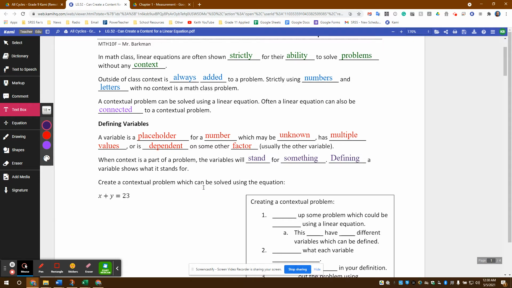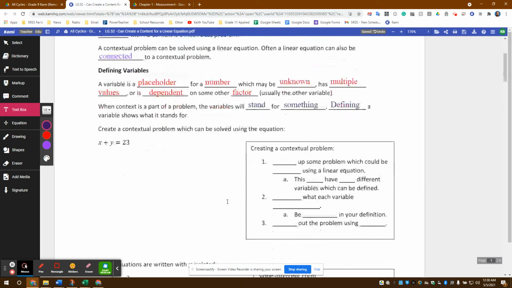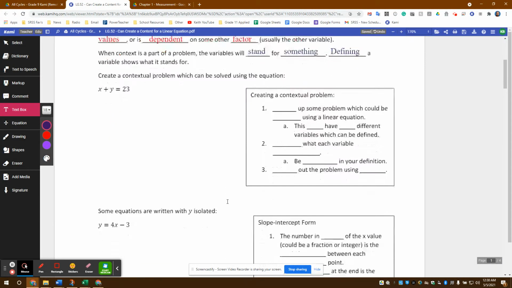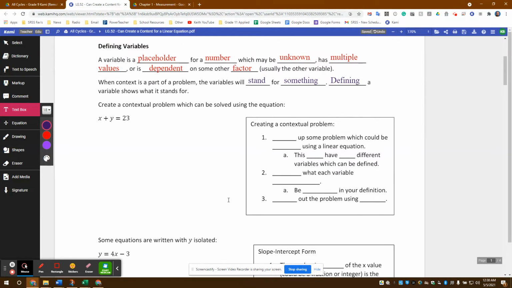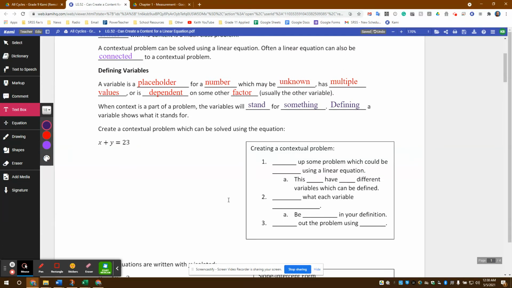So we're going to make sure to define our variable. We're going to make sure to come up with what that value is, what that variable is going to represent. That's the important thing when it comes to defining our variables, and we're always going to make sure that we do that.